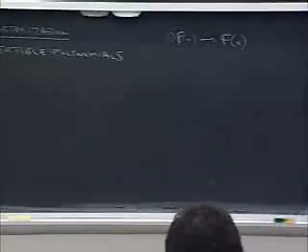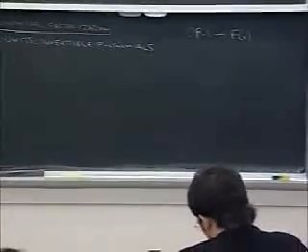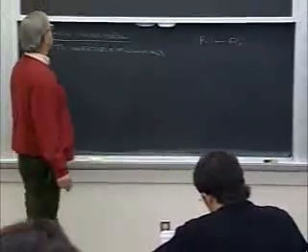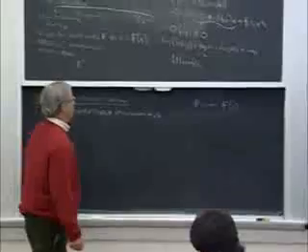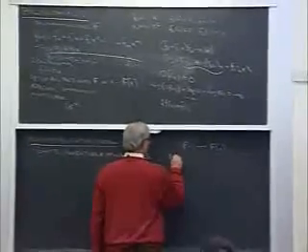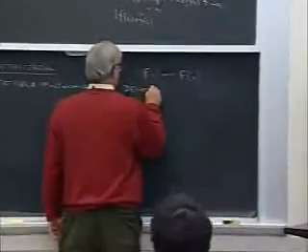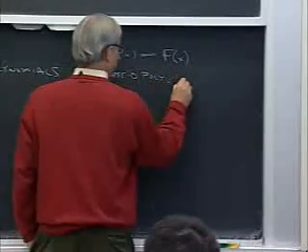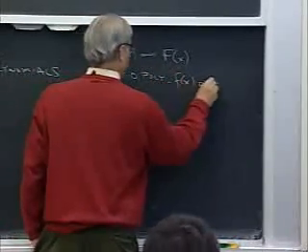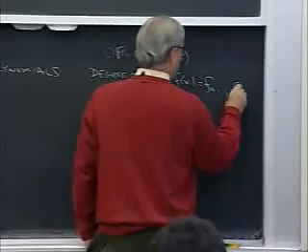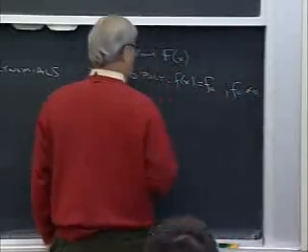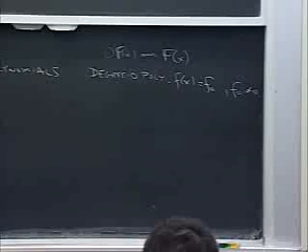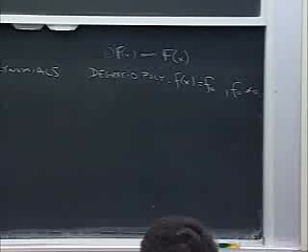What about the non-zero polynomials that have degree 0? In other words, a degree 0 polynomial is simply something that looks like this: f of x equals f naught, where f naught is not equal to 0. Is that invertible?